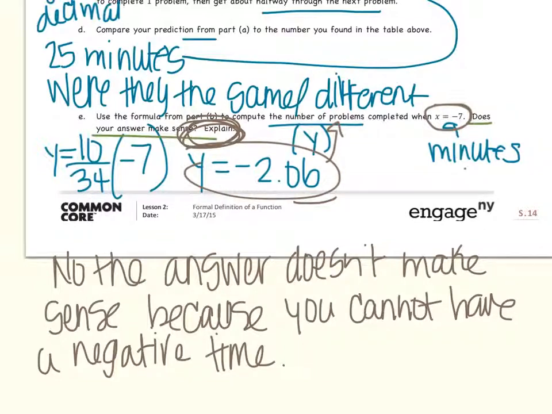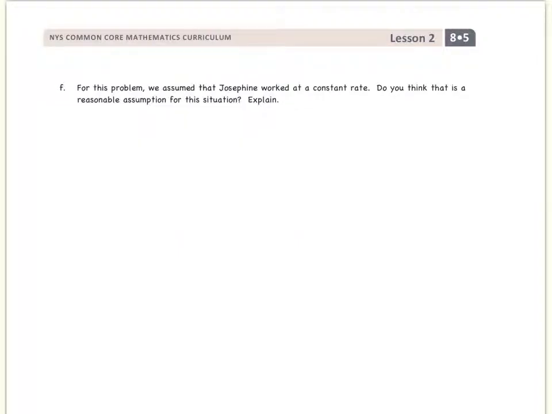Last question I'm going to walk you through. So for part F, for this problem, we assume that Josephine worked at a constant rate. Do you think this is a reasonable assumption? So remember, she was working on homework. So at home, when you do your homework, does it take you the same amount of time for each question?